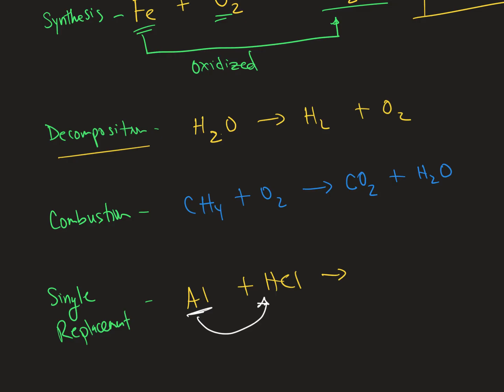The aluminum becomes the new cation, kicks off hydrogen, and it becomes AlCl3. How did I know it's AlCl3? Because aluminum is 3+ and chlorine is 1-. We cross charges and you simplify, right?